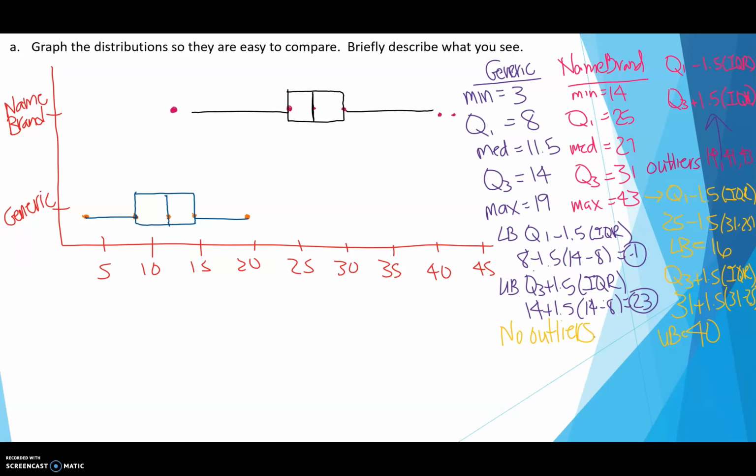You know, we need to give this bottom axis a name. This was number of chocolate chips. Okay, and then now I'm just going to briefly describe the distributions here. So let's see.